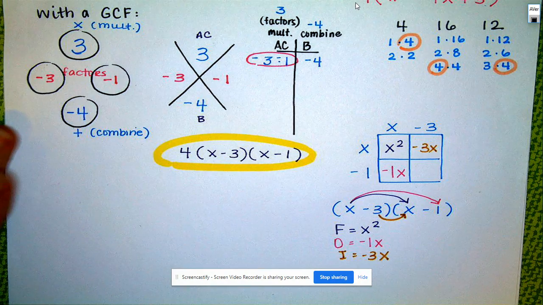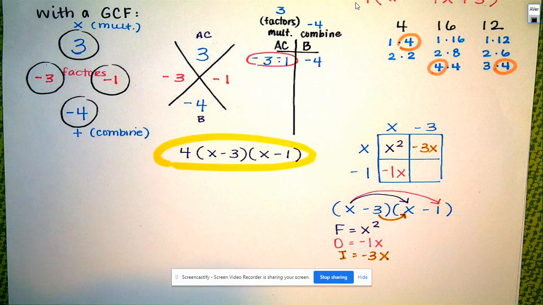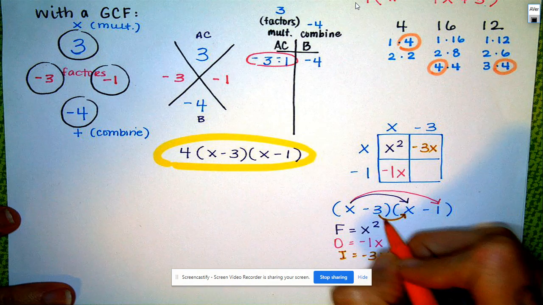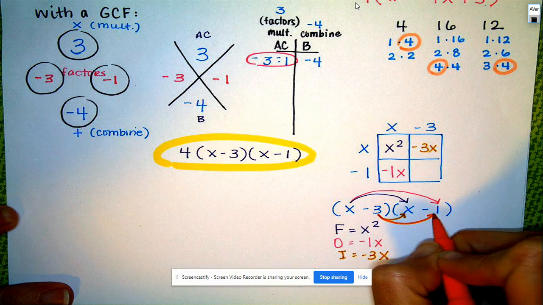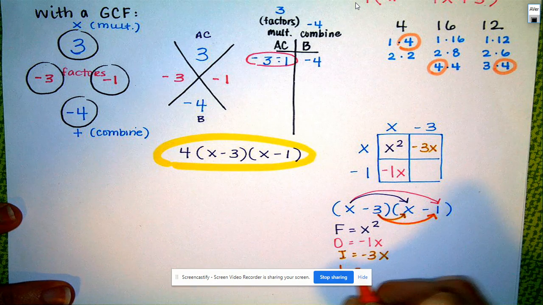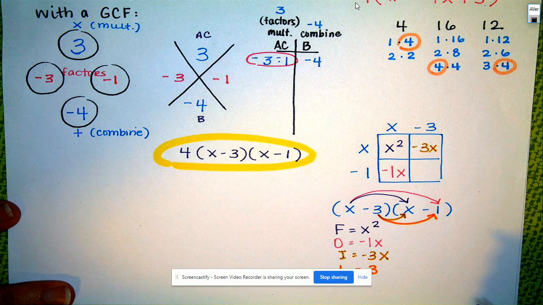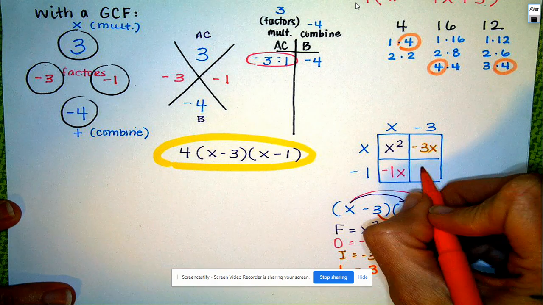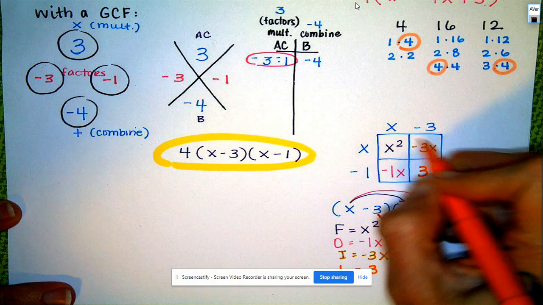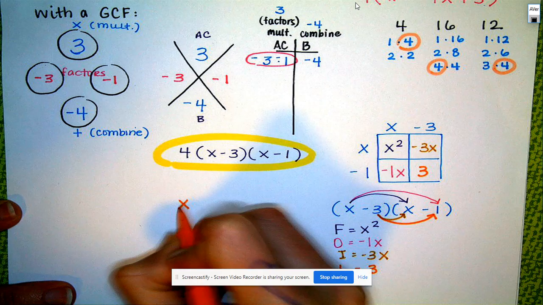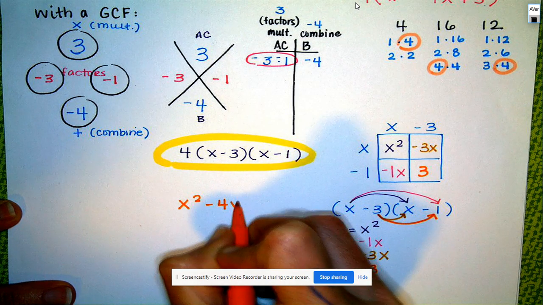And then last but not least, our last, which is negative 3 times that negative 1, gives me a positive 3. Negative 3 times negative 1 gives me a positive 3. So if I pull this out, I end up with x squared minus 4x plus 3.